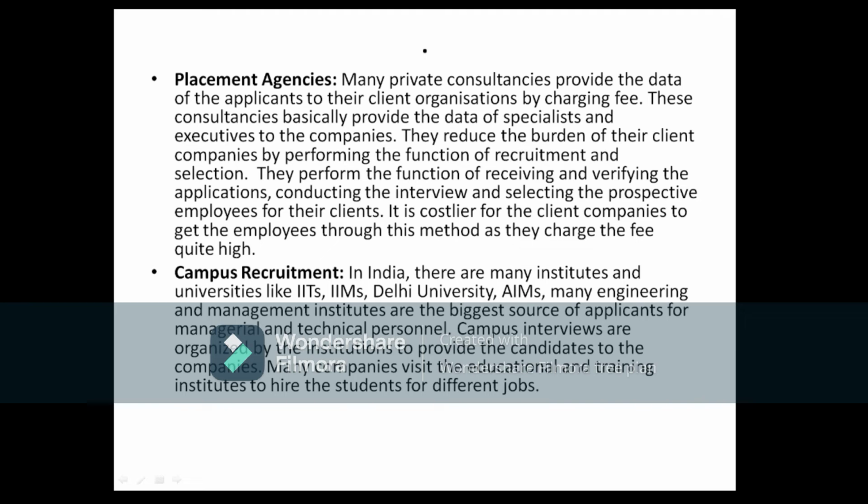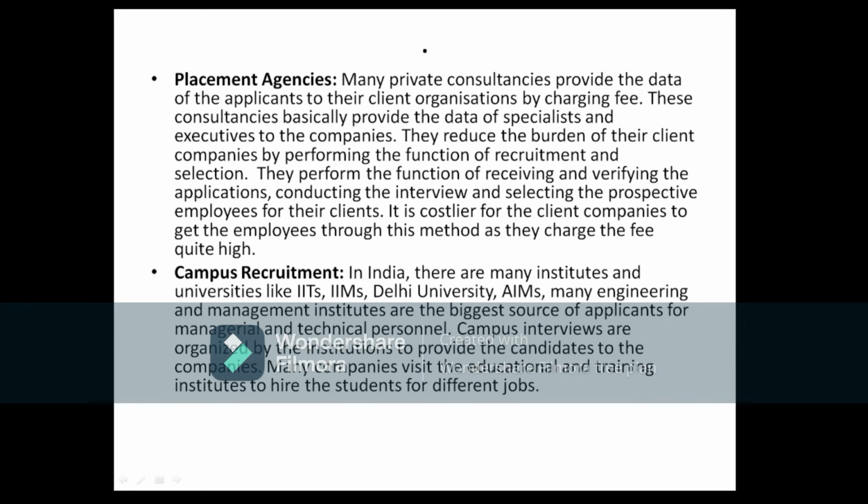There are some companies having close contact with the campuses, right? Like IITs, IIMs, Delhi universities, AIIMS, many engineering colleges, management colleges. So these are the biggest source of applications, right? And these companies directly approach the campuses, and they conduct the interviews of the students, and after conducting the interviews, they select the student as a management trainee.